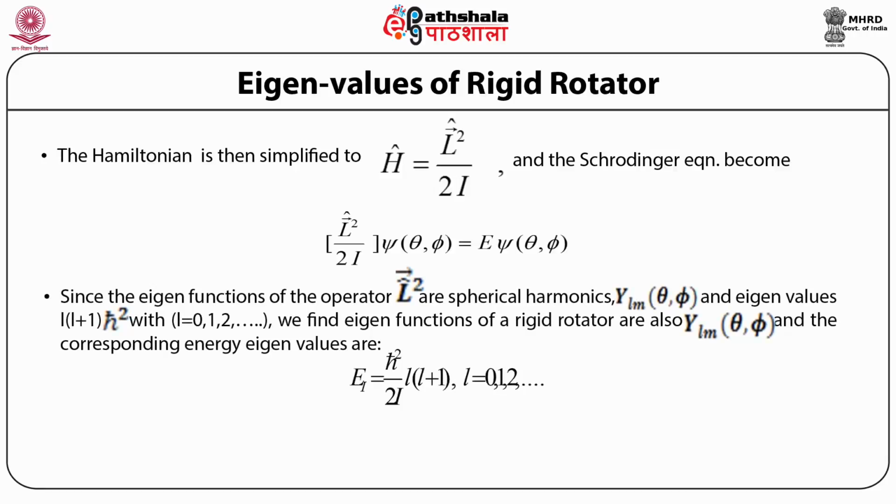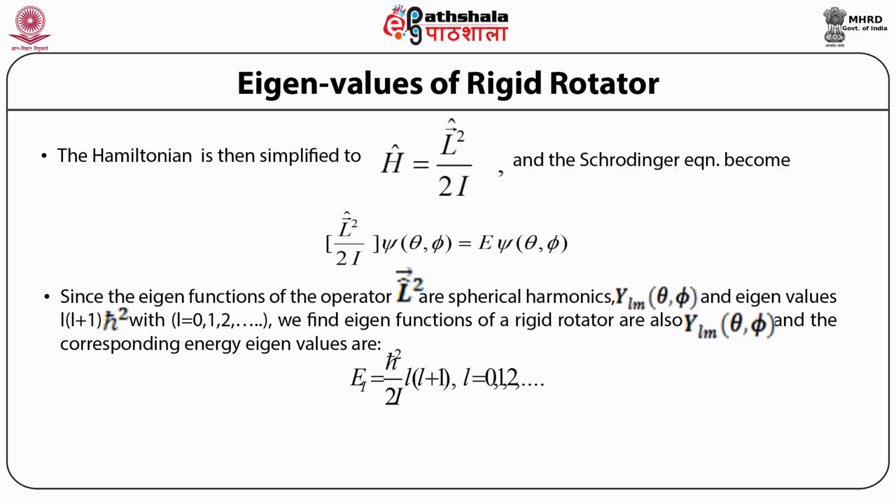Here the eigenfunctions of the operator L square are spherical harmonics Y Lm theta phi, and the eigenvalues are given as L into L plus 1 h cross square, with L taking values from 0, 1, 2 and so on.